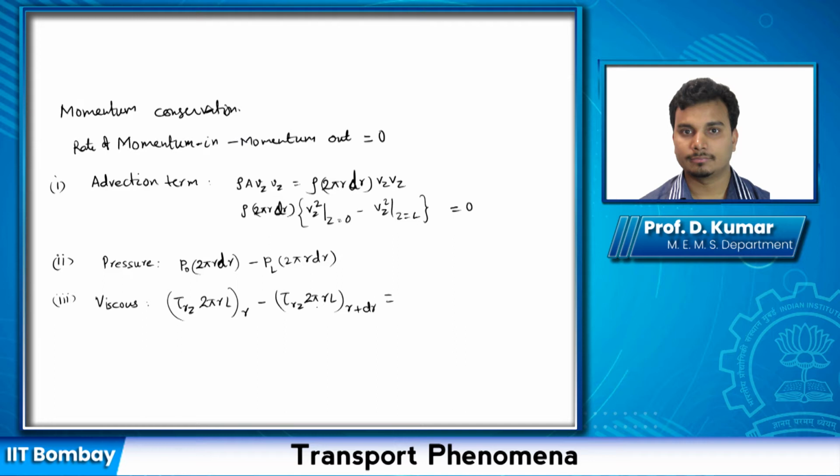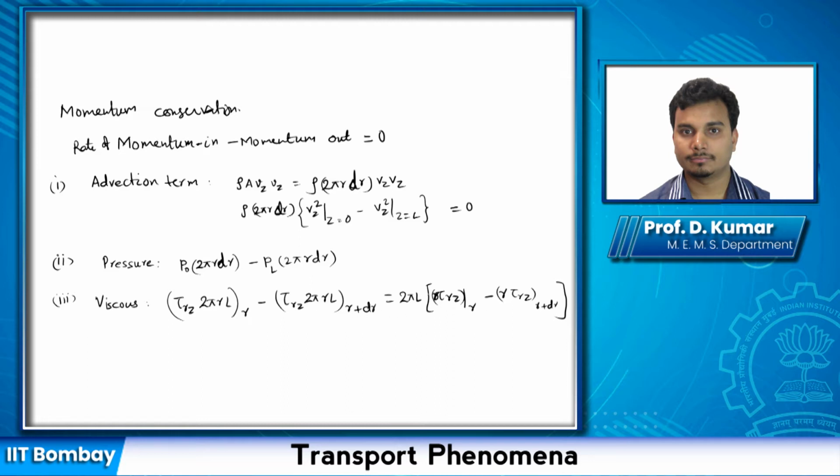In this case, you need to be a little careful. 2 pi L is constant, but then you will have R tau RZ at R equals R, and then this minus R tau RZ at R plus dr. Okay, so this is R, here also R. Please note that this R you cannot take out, because otherwise you need to write R plus delta R plus dr and so on.